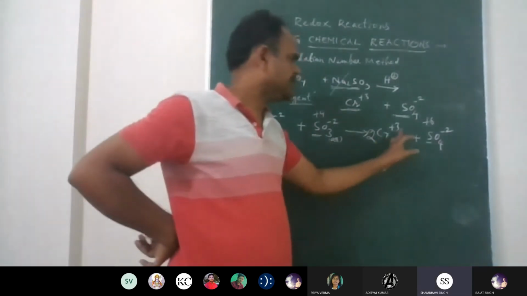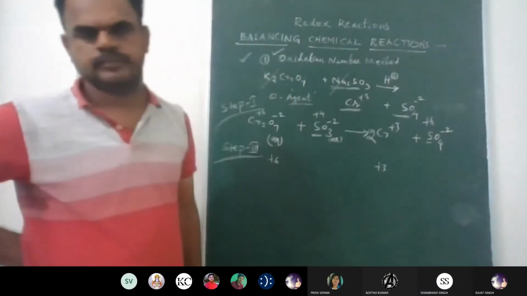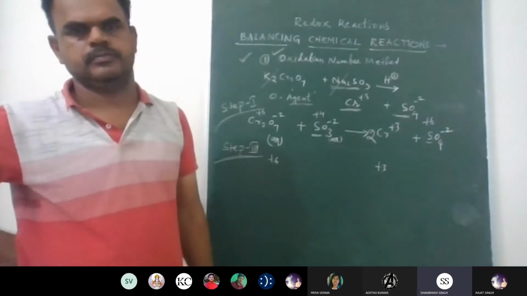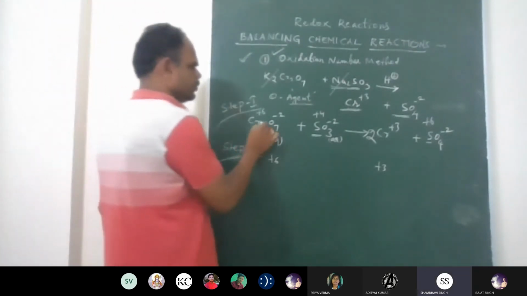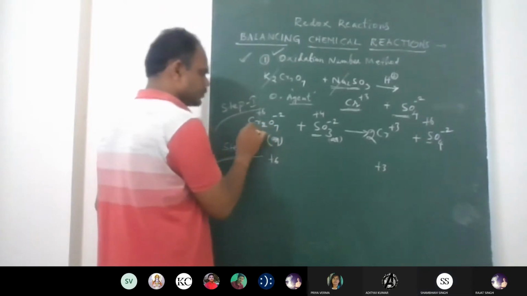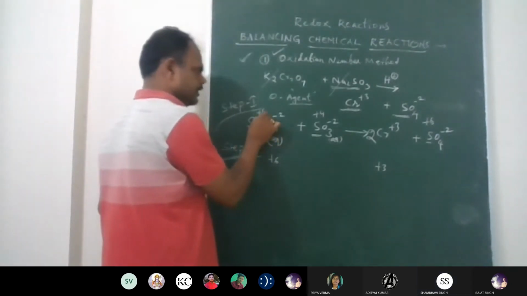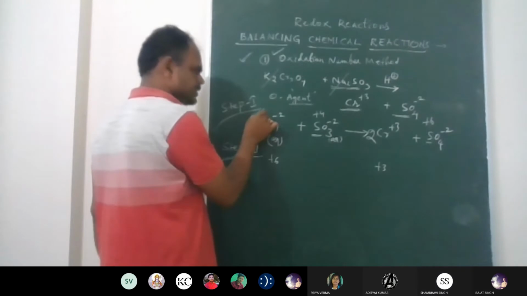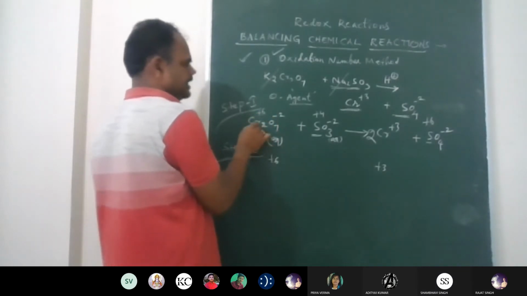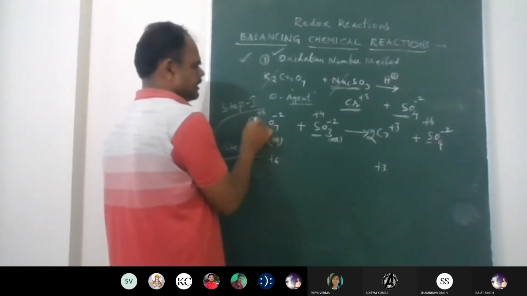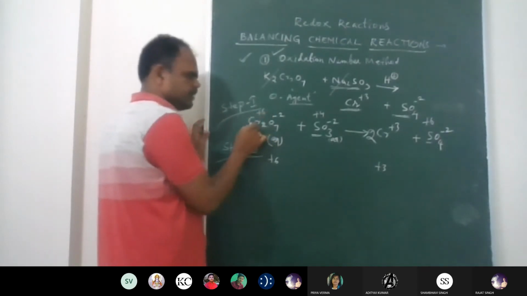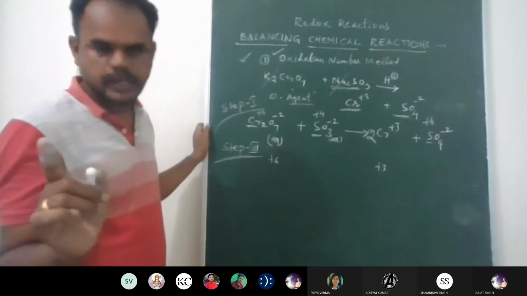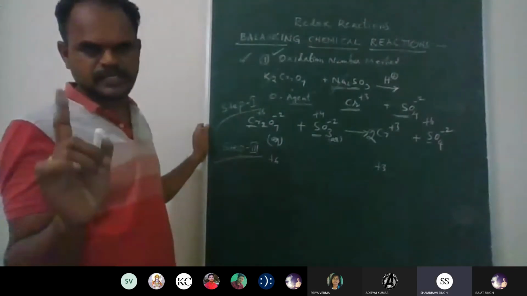For single chromium plus 3. And on the left side for single chromium plus 6. See here, for the chromium atom it is plus 6. Generally in dichromate, the plus 6 is the oxidation number of one chromium atom; one chromium atom average will be considered.